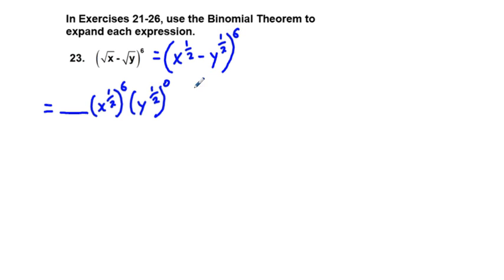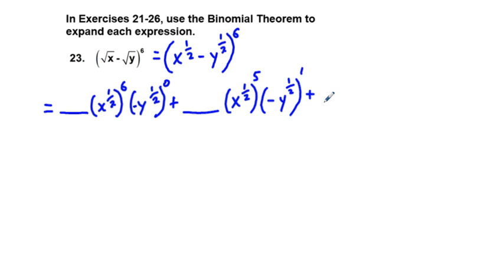I think that's going to be negative. Let's just put this negative out front because that's going to switch your signs. Then we're going to have plus our coefficient x to the 1/2 power times 5 to the 5th power times negative y to the 1/2 power to the power of 1.